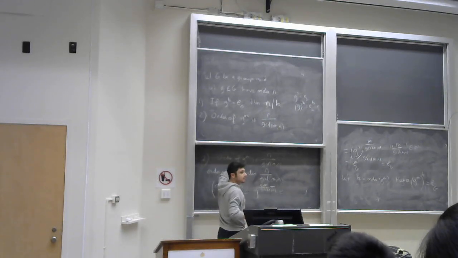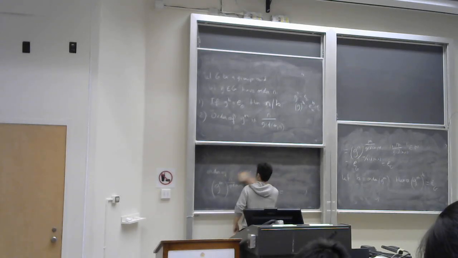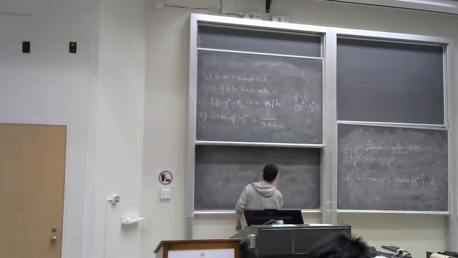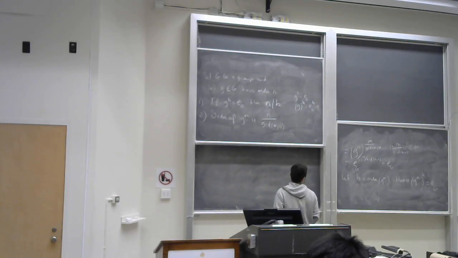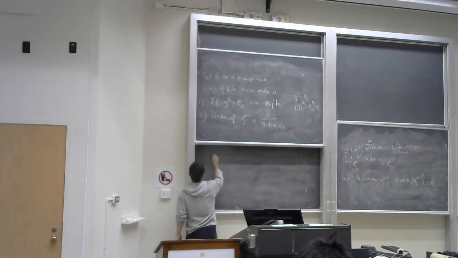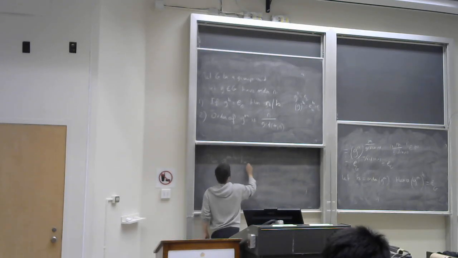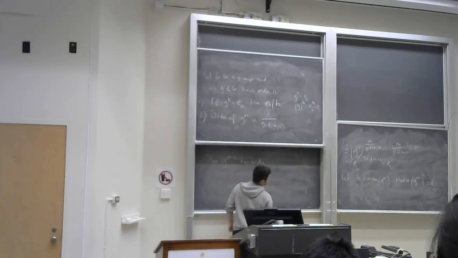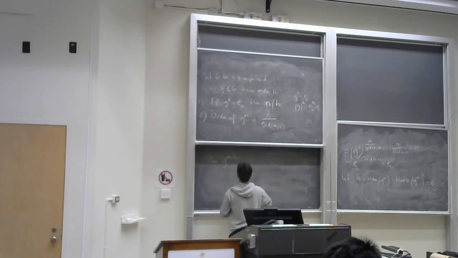Then g to the mk is equal to the identity.